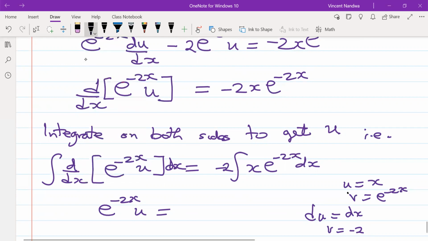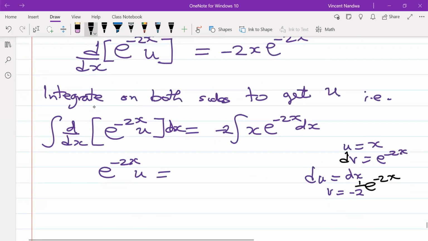So this is dv. So it'll be minus a half e power minus 2x. So the integral of u dv is uv minus v du.